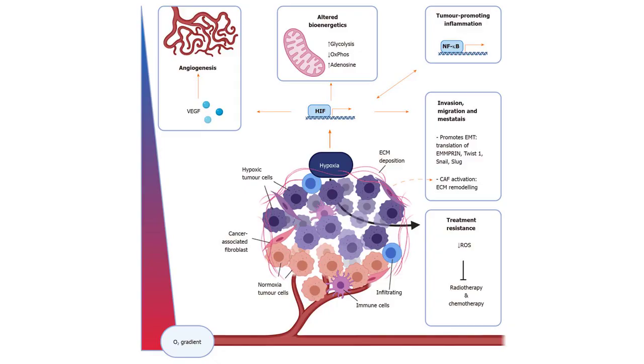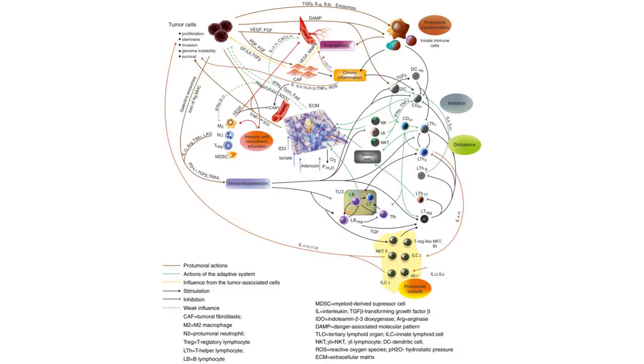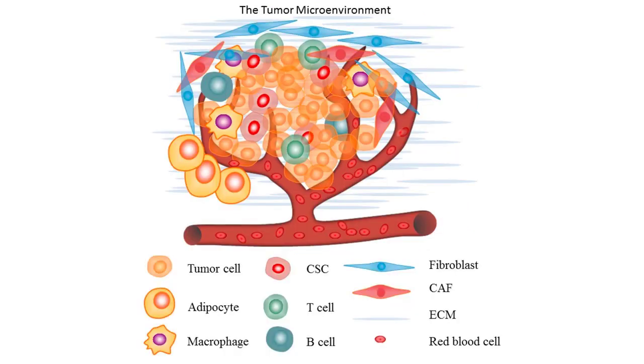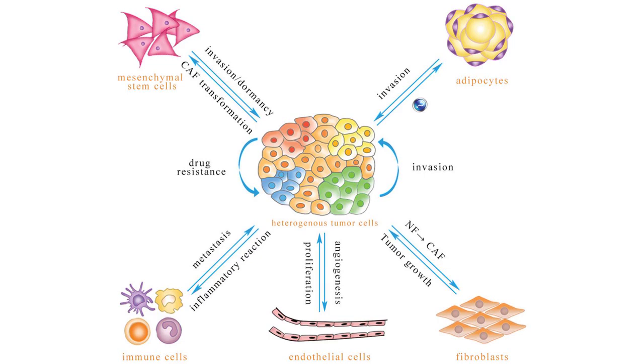Depletion of T cells or NK cells completely reversed this phenotype, revealing a critical relationship between oxygen tension and immunity in cancer.